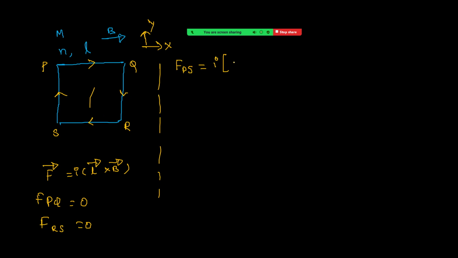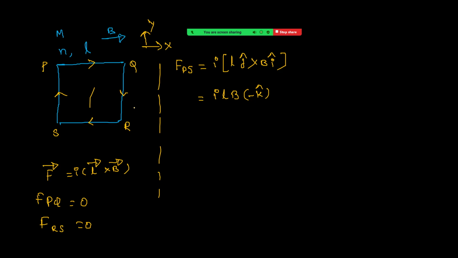That is now J cap. So L into J cap cross B bar. B is now along positive x-axis. So it is now B I cap. So it is now I L B, J cap cross I cap. J cap cross I cap means it is minus K cap. Means the force acting on this is downwards. Okay. So because of that, nothing happens.